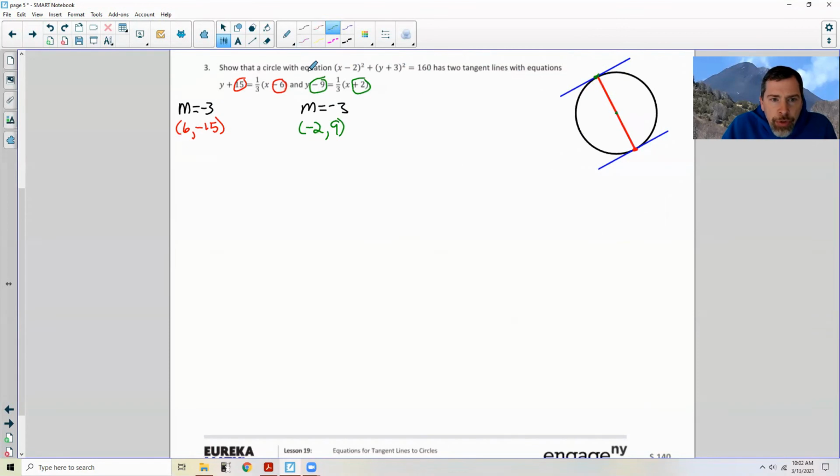So we're trying to show that a circle with this equation has two tangent lines with these equations. So we're going to take this formula now and set it equal to 160. So we want to prove that (x minus 2) squared plus (y plus 3) squared equals 160 for both of these endpoints. So I'm going to write it twice.